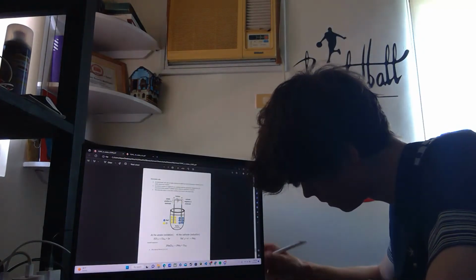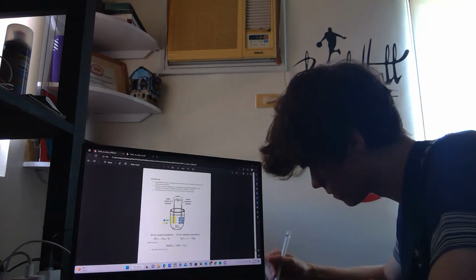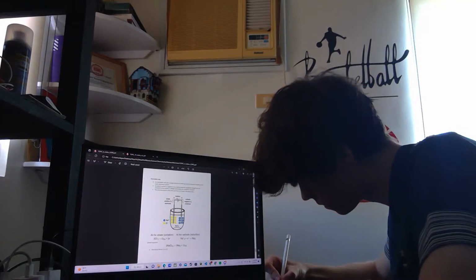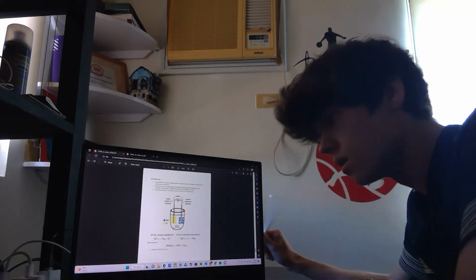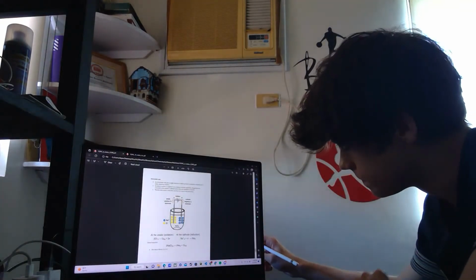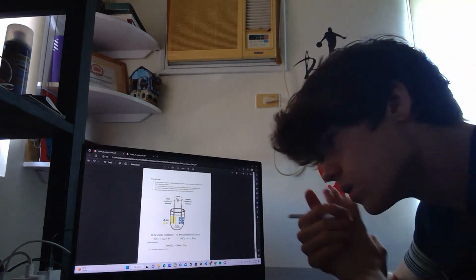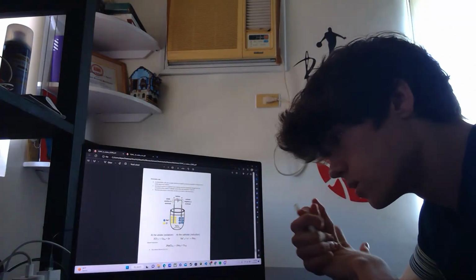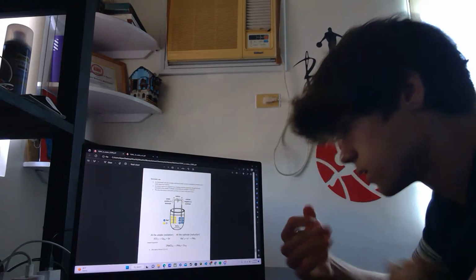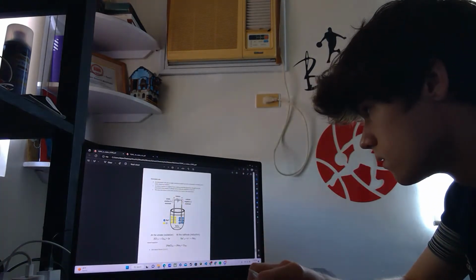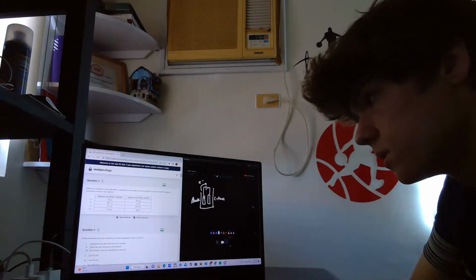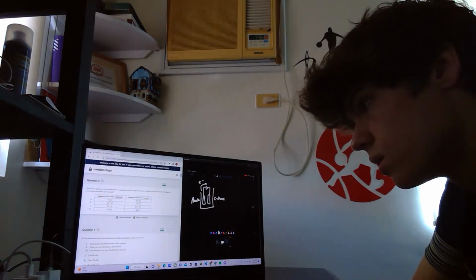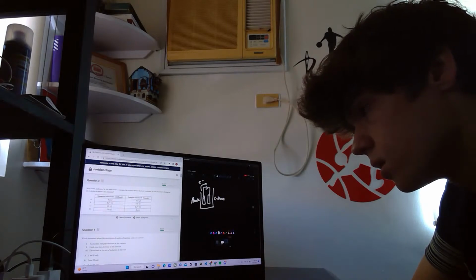Electrons, battery. Such a crap drawing. And you add the battery. There we go. Then oxidation occurs at the anode, okay, and reduction occurs at the cathode.